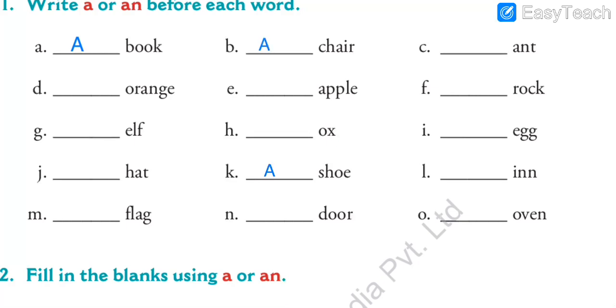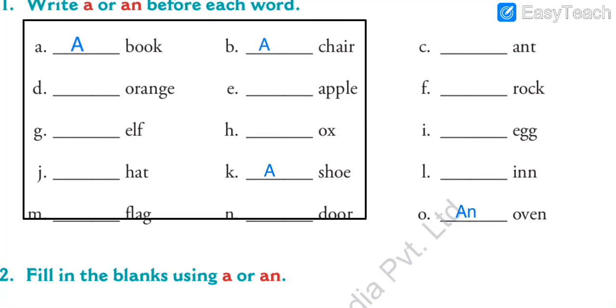So which alphabets are included in the vowel? A, E, I, O, U, correct? So O is included, right? So what you are going to fill in the blank? An oven, right? So this way you are going to solve the exercise in the homework.